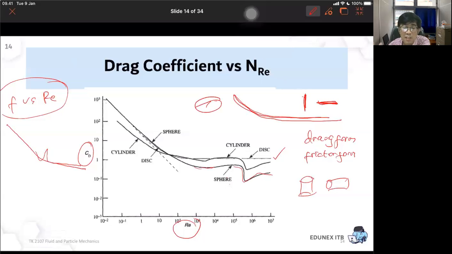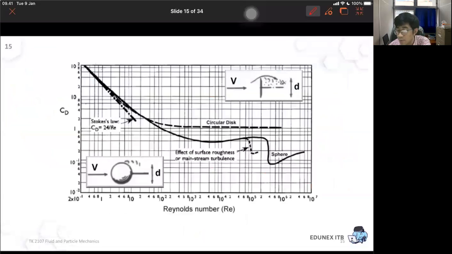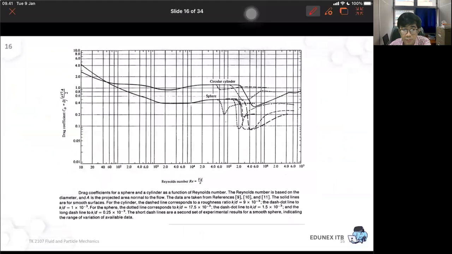Sometimes at a certain value of Reynolds number it will be constant, sometimes it is decreasing, sometimes it is increasing. Okay. You can find it from the graph. There are a lot of graphs that you can use to get the value of the drag coefficient.